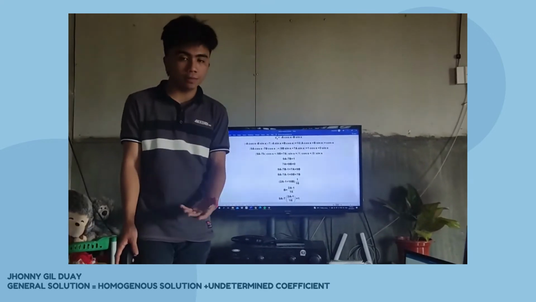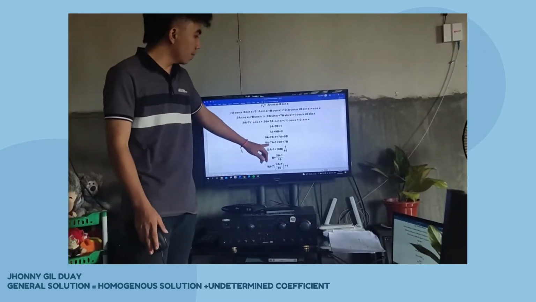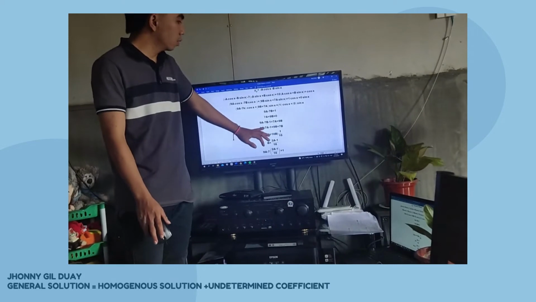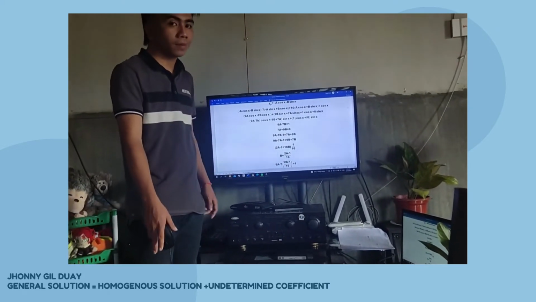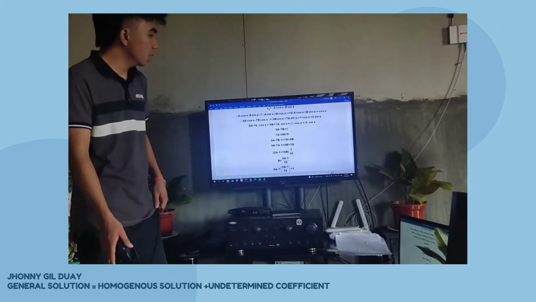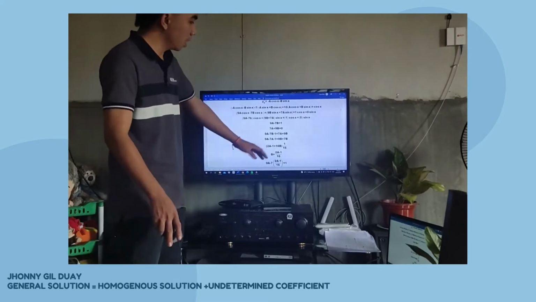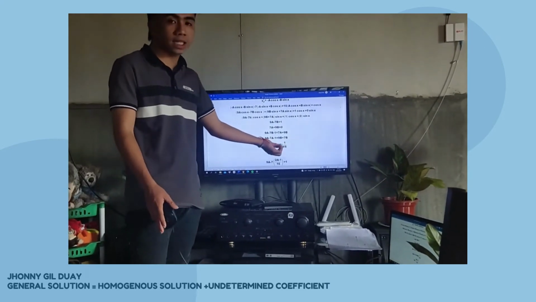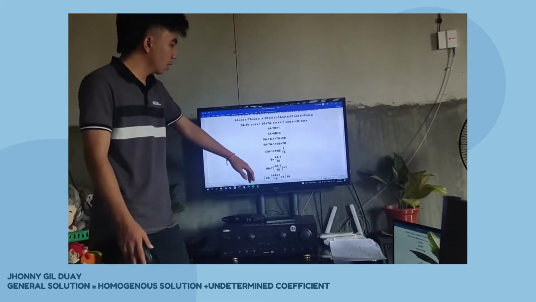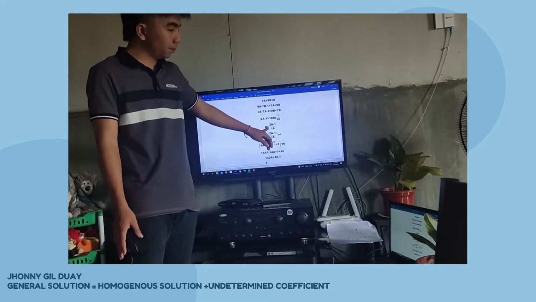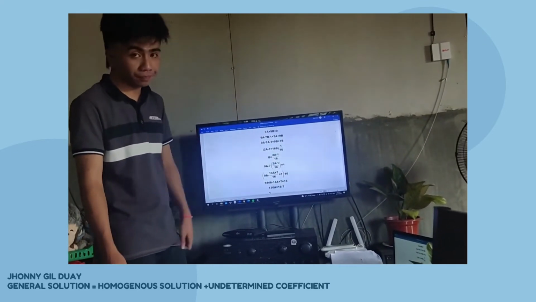Combine like terms. 9a minus 7a is equal to 2a, minus 1 equals 16b. Now let's multiply the equation by 1 over 16 to get rid of the 16 here, and we'll have the value of b. Here we have b equals 2a minus 1 over 16.